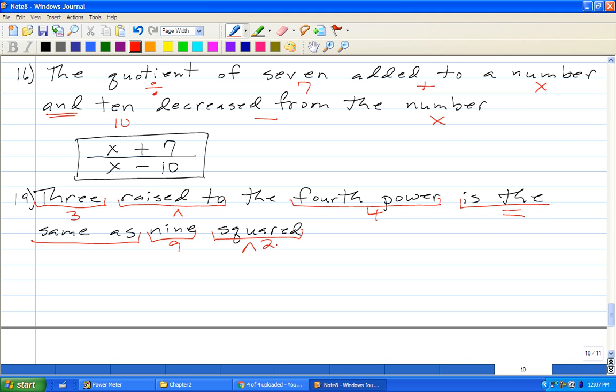And so it's to the power of 2. And so I have here 3 raised to the fourth power is the same as 9 squared. And that is your answer.